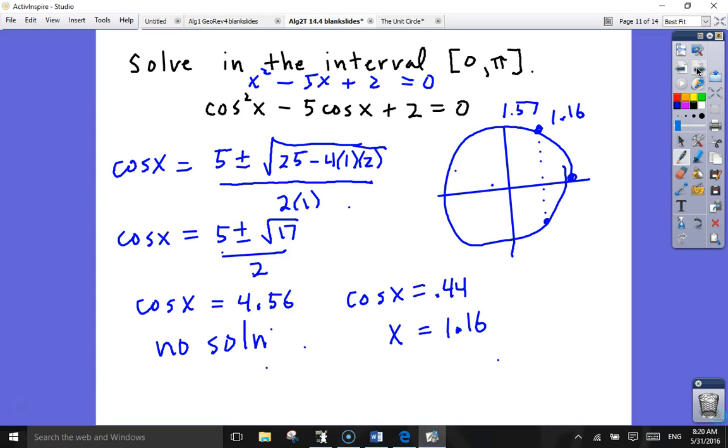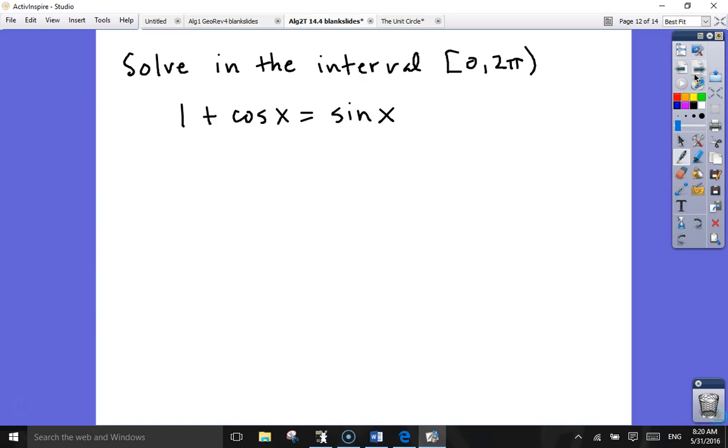Okay, let's see, last one. Solve in the interval. You wouldn't know to do this other than you got to see it. That's why I'm showing it to you.